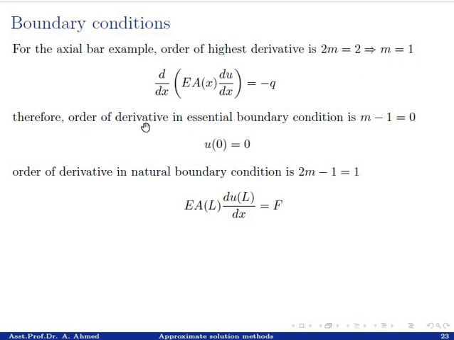Therefore, the order of the highest derivative in the essential boundary condition must be m minus 1, in this case 0, and I can also see that the order of derivative in this essential boundary condition is 0. And the order of the natural boundary condition should be 2m minus 1, so in this case it is equal to 1, and I can also see from our natural boundary condition that the order of derivative is 1.